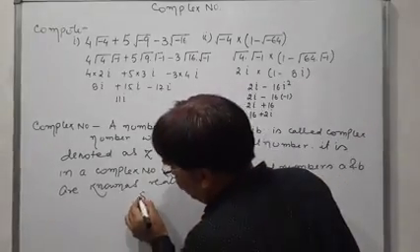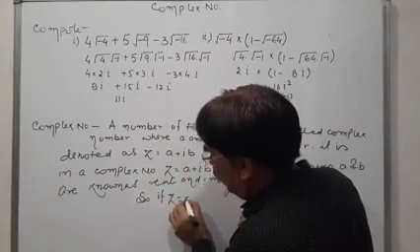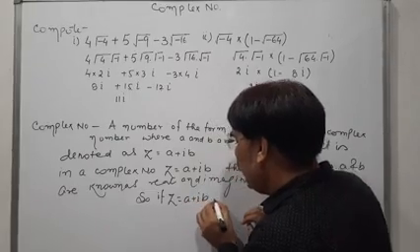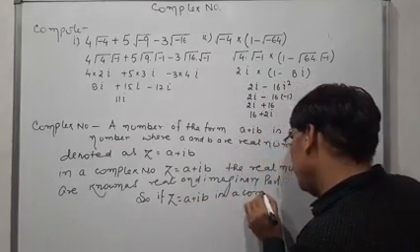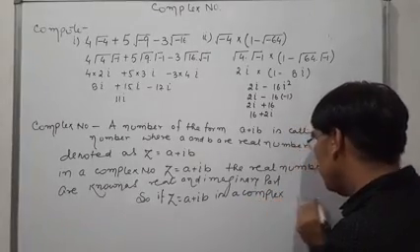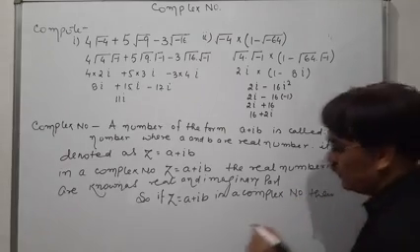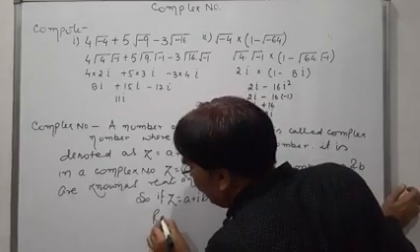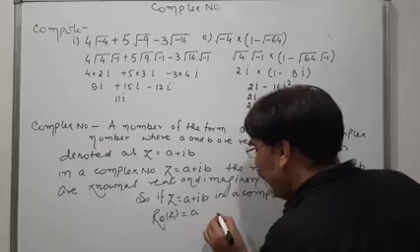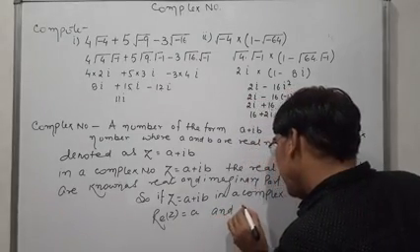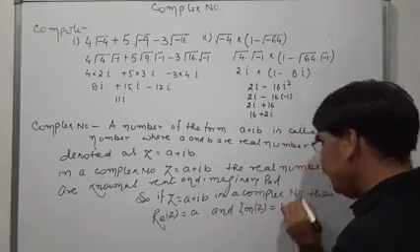So, if z is equal to a plus ib is a complex number, then Re z, the real part of z, is equal to a, and Im z, the imaginary part of z, is b.